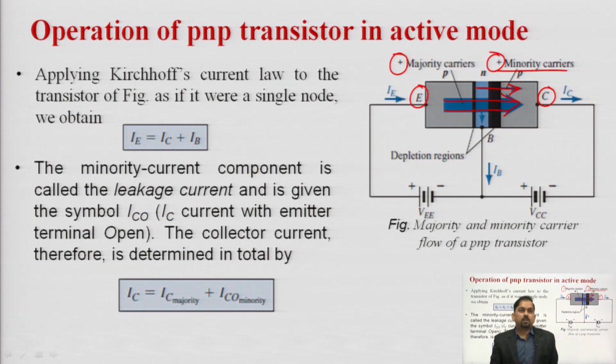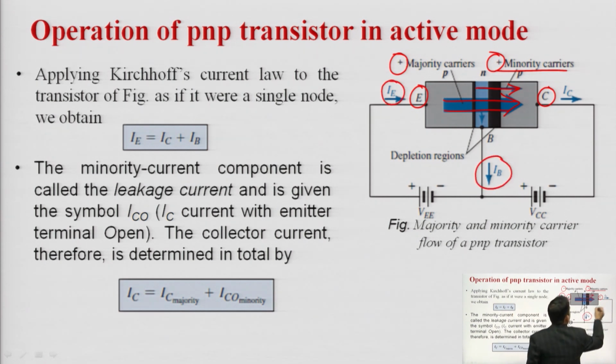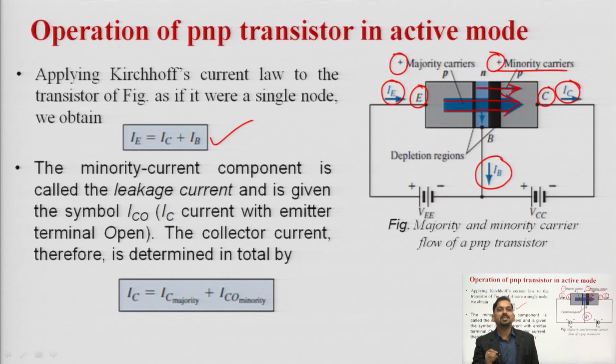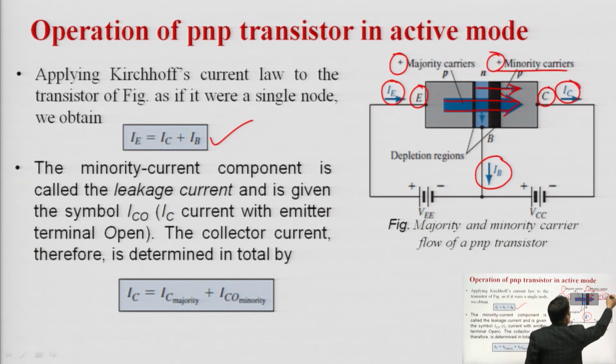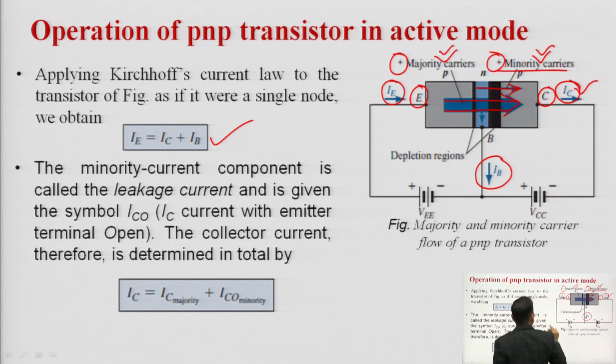So, these currents are basically composed of the emitter current IE, IB and IC. With the help of KCL, we can conclude that the emitter current IE is equal to IC plus IB. But here we can see that at the collector side, we have two currents, one due to majority carriers and one due to minority carriers.